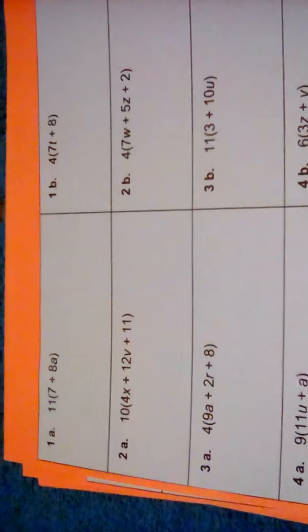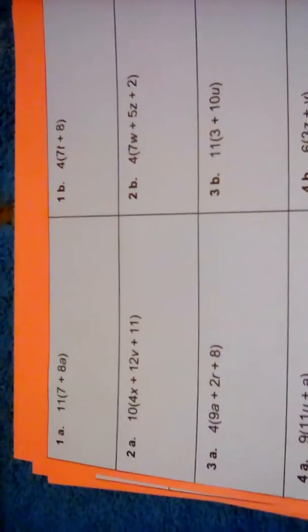The distributive property is taking a number or letter, and we are distributing it to other numbers and other letters. So let me give you an example. So I'm going to do this first one here. It says 11, and then it's times, remember that the parentheses means times, 7 plus 8a.